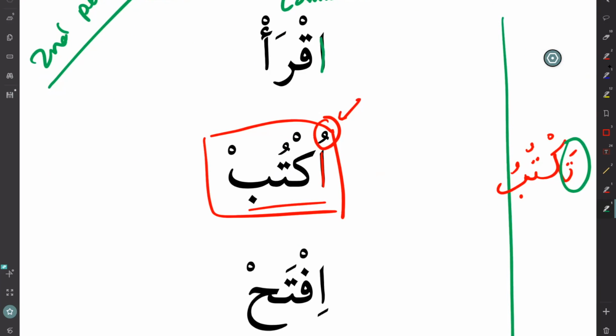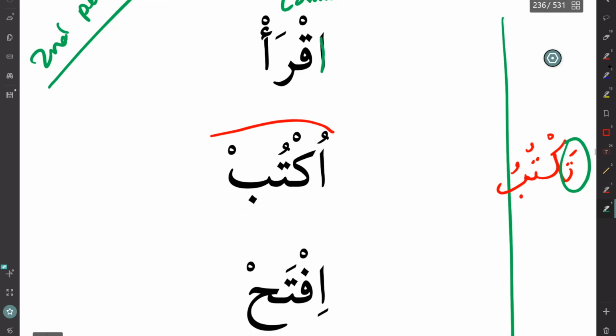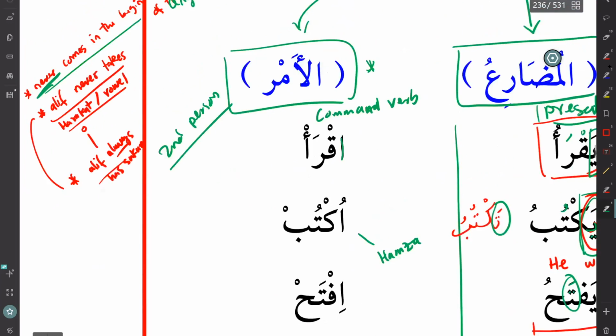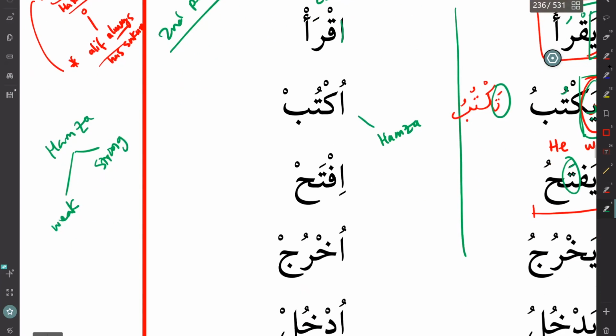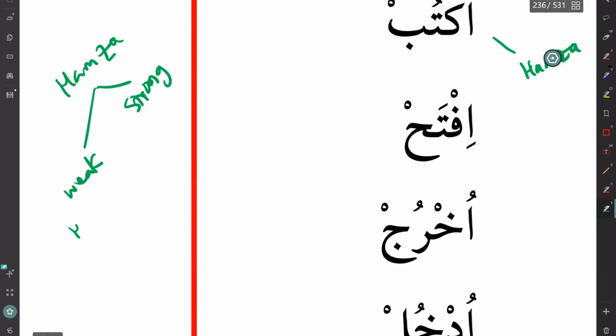So what's going on here is that this is obviously not an alif. This is Hamza. In the Arabic language, we have two types of Hamza. I'll use the English terms so it's easier: a strong Hamza and a weak one. The weak one, I'm pretty sure you've heard the term, is called Hamzatul Wasl.